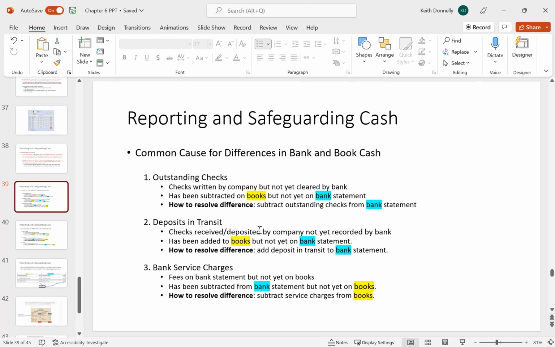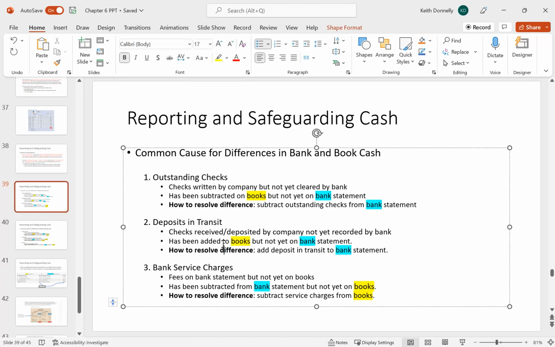So you got a check, you added it to your books, $50, but the bank hasn't added it on their end yet because it hasn't cleared. How you correct this: because you've added it to the books, but the bank hasn't, you can correct it by adding it to the bank.